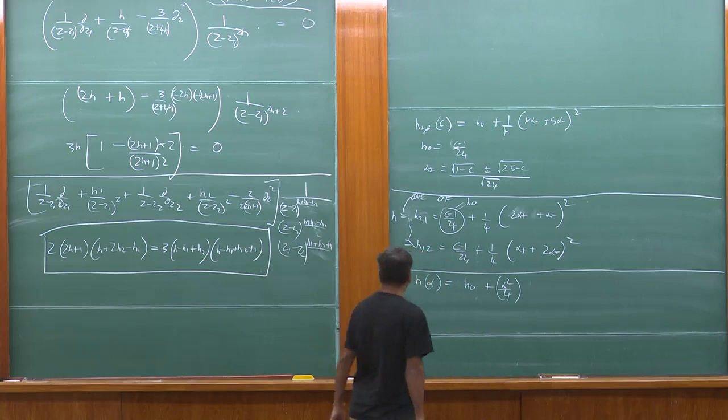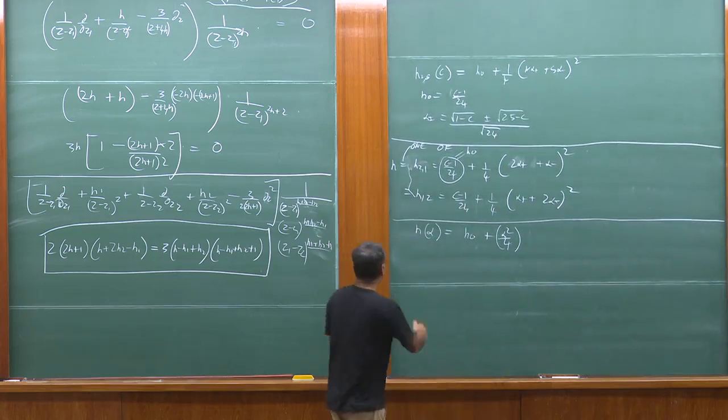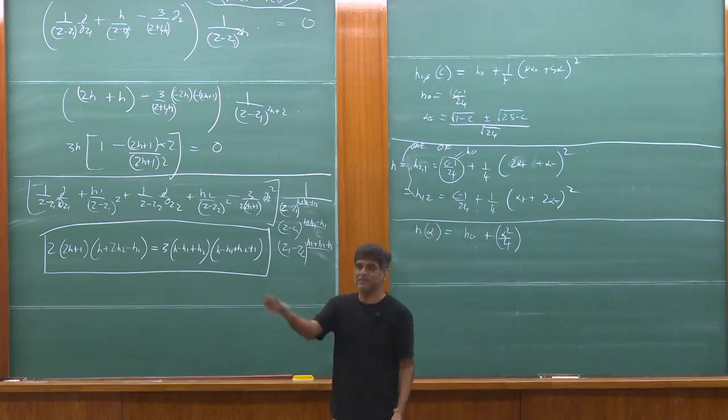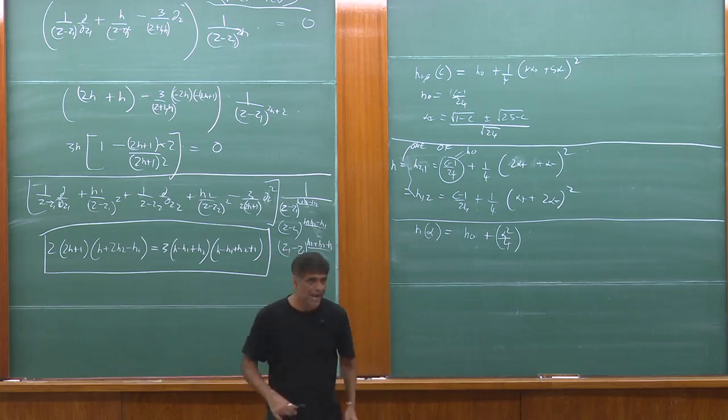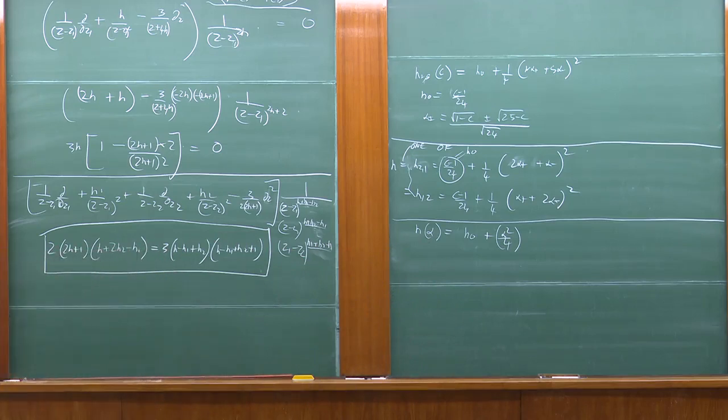Now, we do this for H1 with parameter alpha 1 and H2 with parameter alpha 2. Plug that into this equation here and solve for alpha 2 in terms of alpha 1 and the data that gives you H. H is something fixed, right? So solve for alpha 2 in terms of alpha 1.